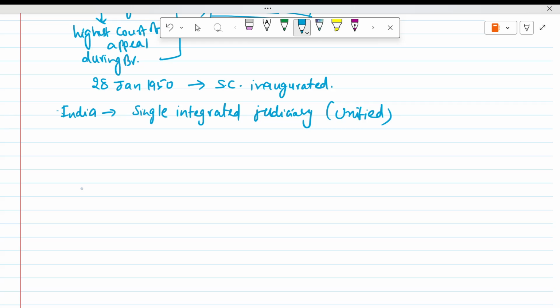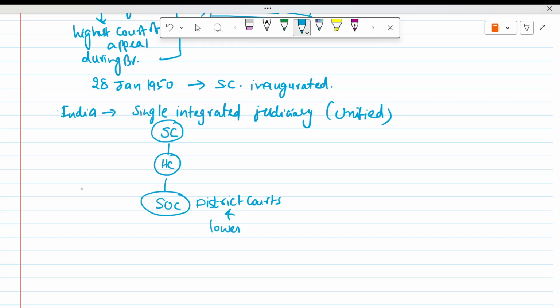This means there is the Supreme Court, and down there is the High Court, and down there are the subordinate courts. Subordinate courts include district courts and lower courts.